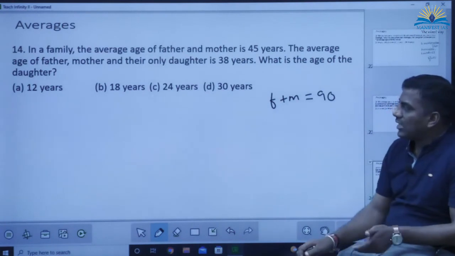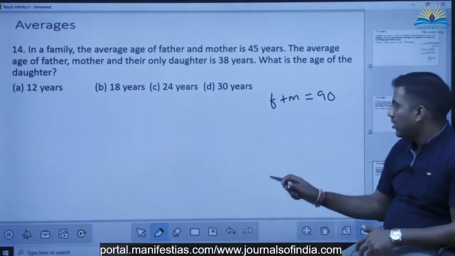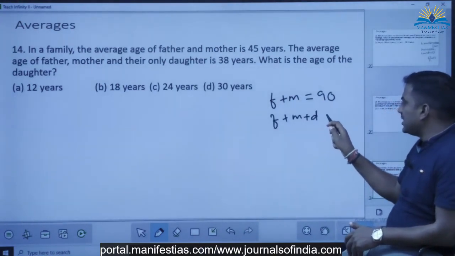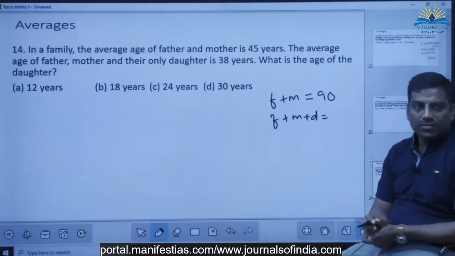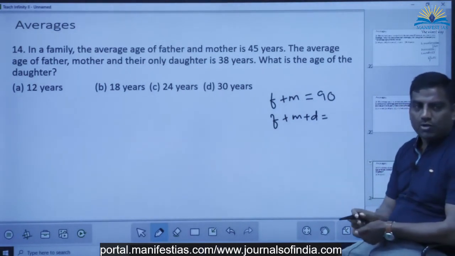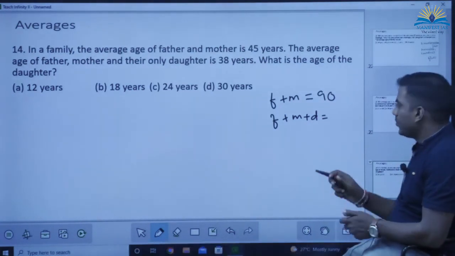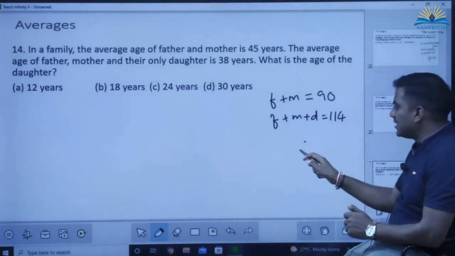The average age of father, mother and their only daughter is 38. Father plus mother plus daughter, average 38. How many persons? 3. So 38 into 3, how much? Quick. 114.